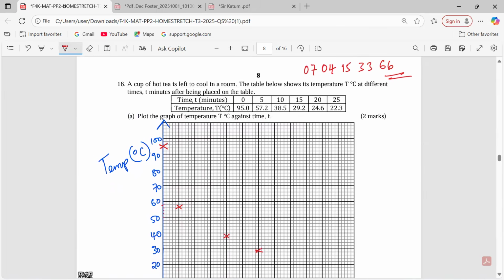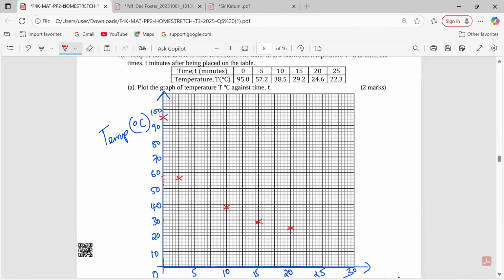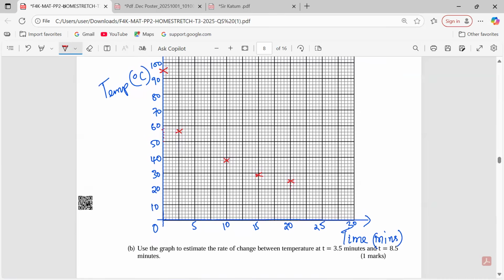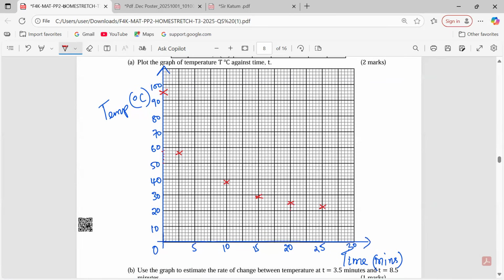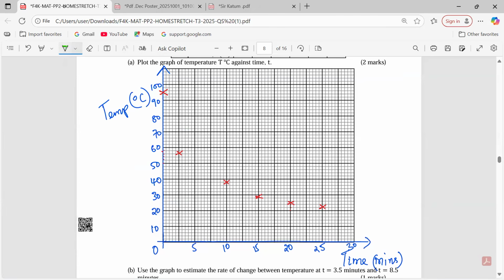At 20, 24.6. So this is 20, 22, 24, so 0.6 should be in between there. And at 25, we have 22.3. So 20, 22 point something, just there. So that's how the points are supposed to feature on this particular graph.